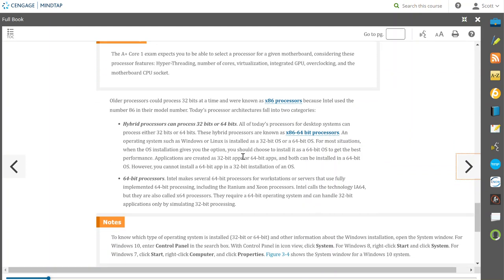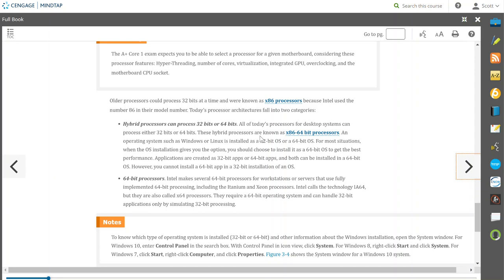Now, the processors themselves can process either 32 bits or 64 bits of data. Now, we talked about one CTS1150 class. That's the other exam for A+. That's the software side. And in that course, the first chapter, we're talking about the different operating systems.